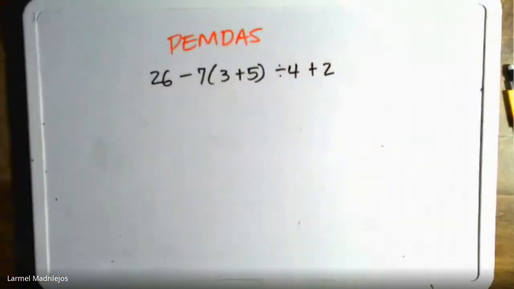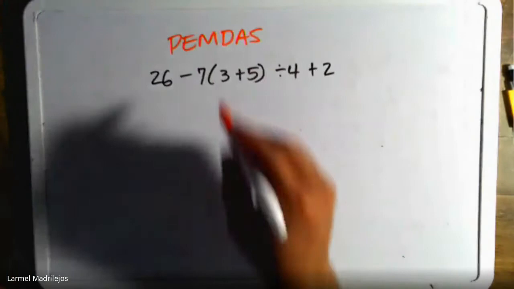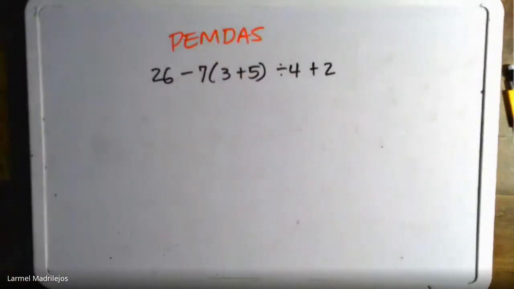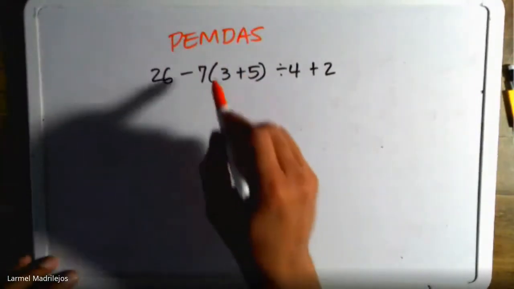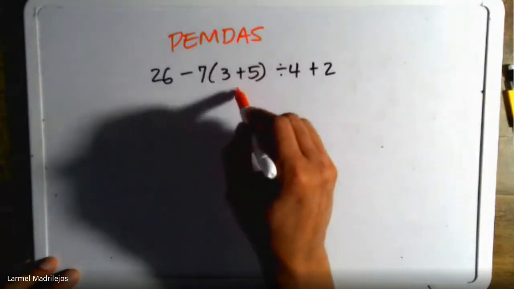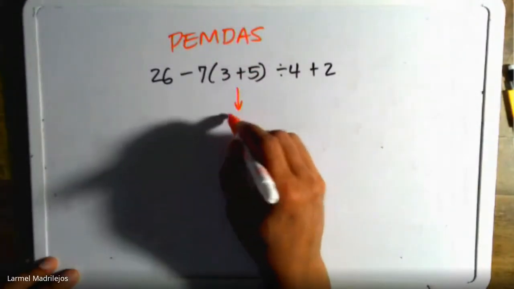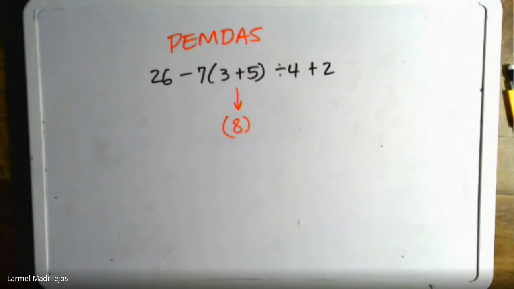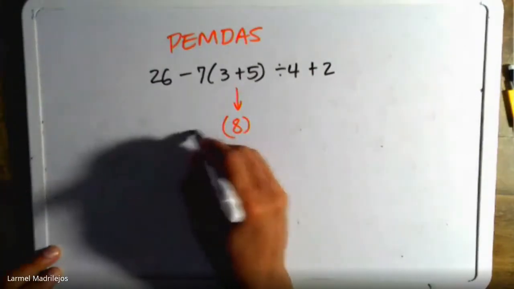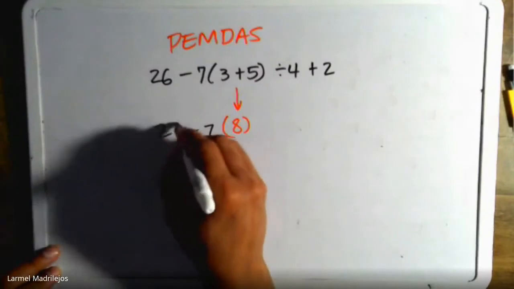P stands for parentheses. I'm going to start inside the parentheses. Parentheses means a group of numbers inside. So I saw parentheses, there's a group of numbers. Let me solve that group. 3 plus 5 is 8.